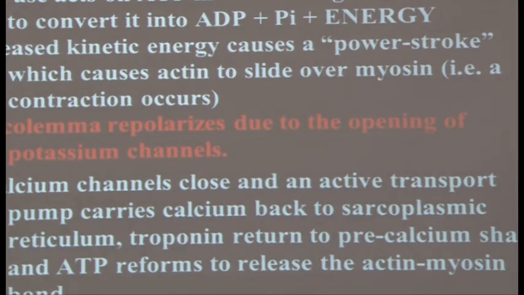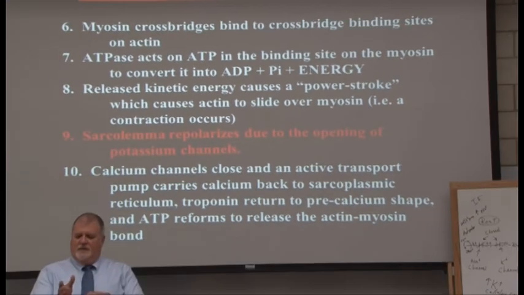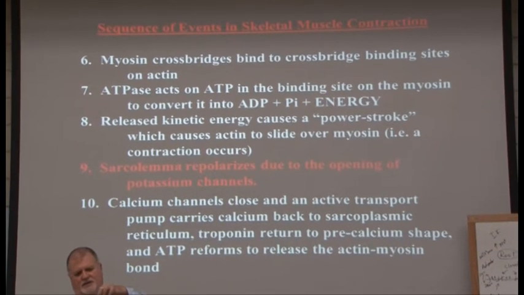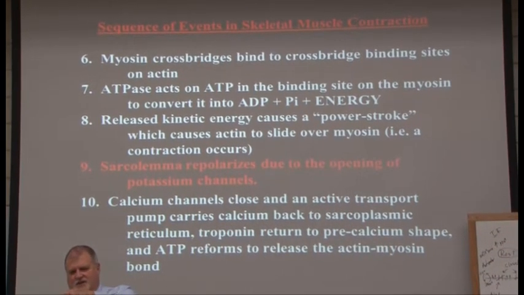Okay, so the thing about creating this event list here is I did it in a way in which it describes the relationship of activity that has to occur within the muscle to go from initially contracting to stopping the contraction.